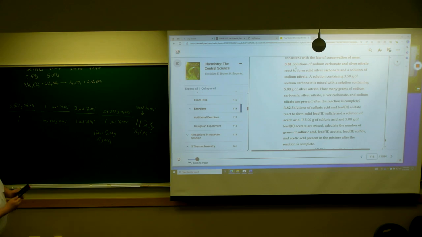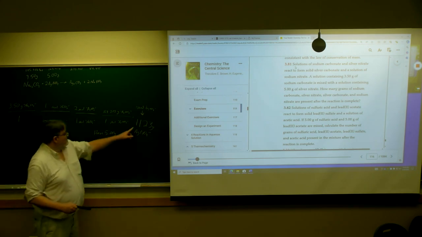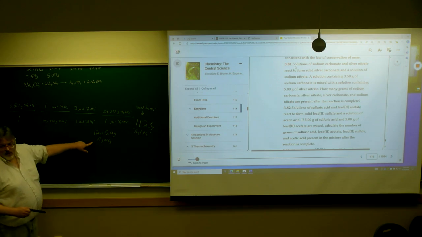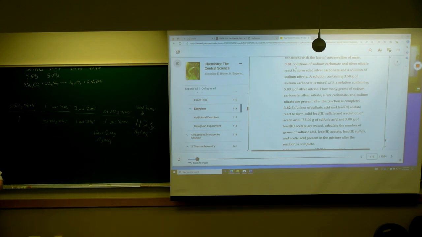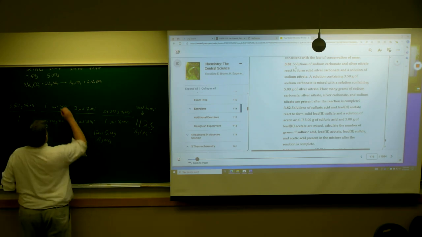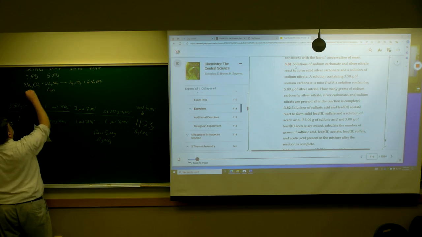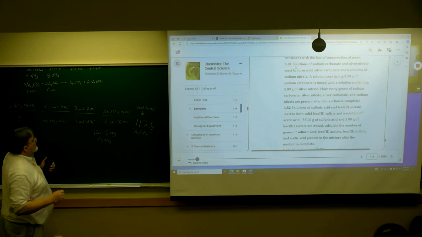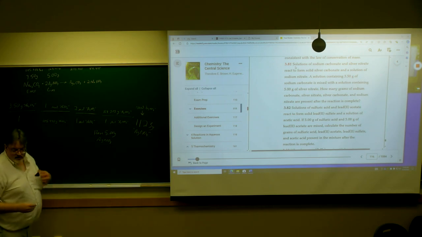Okay. That's what I got. So if I need this much, but I have this much, what does that tell me? Limiting. Yeah, I don't have enough, so this is limiting. And that one's in excess. So now I need to predict amounts of products.